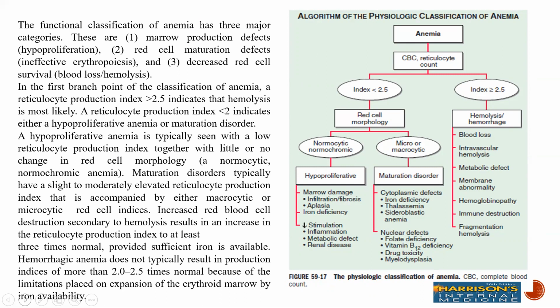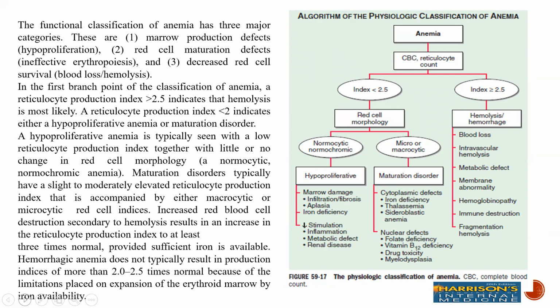A reticulocyte production index below 2 indicates either a hypoproliferative anemia or a maturation disorder. A hypoproliferative anemia is typically seen with a low reticulocyte production index together with little or no change in red cell morphology, and normocytic normochromic anemia.